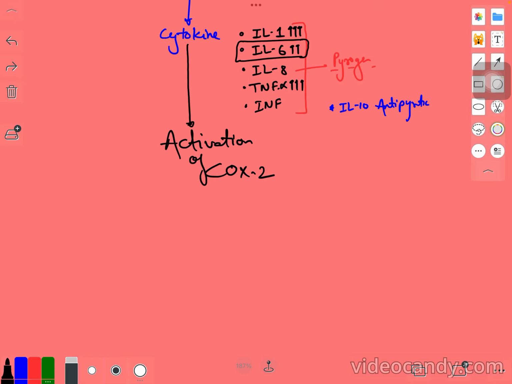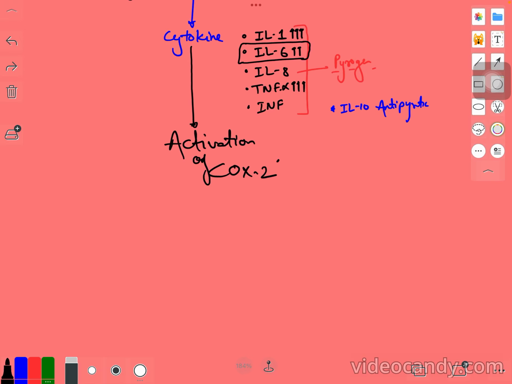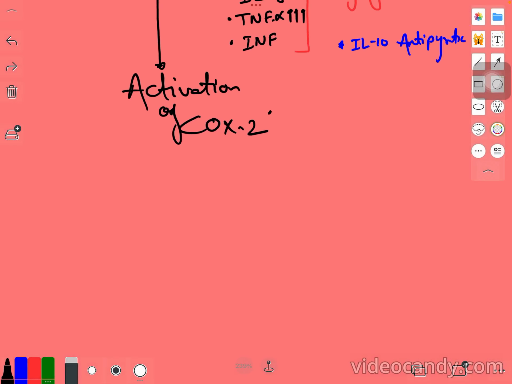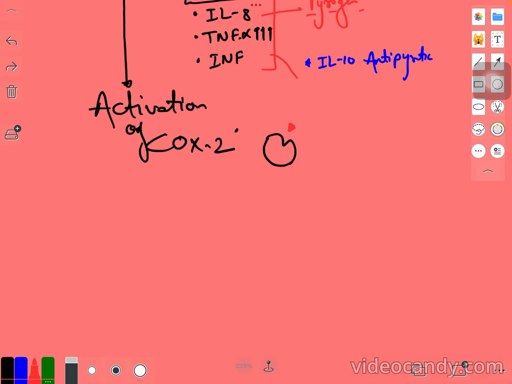The COX-1 is more for housekeeping functions. COX-2 is for inflammatory conditions, like the one we're talking about right now. So, assume this COX enzyme as a ball with an active site. Let's say a triangle, and this triangle is all these cytokines.